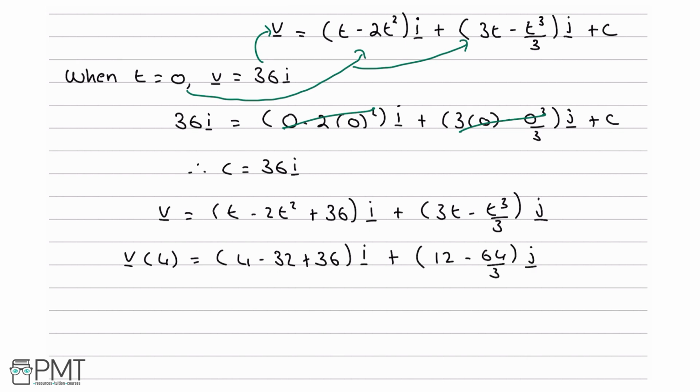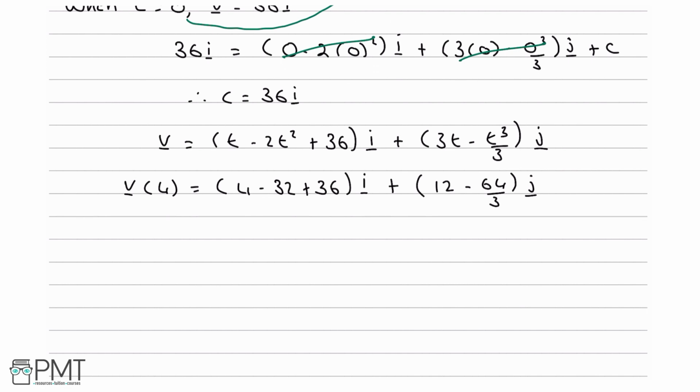And if you were to put this into your calculator, what you would end up with is 8i plus minus 28 over 3 j. One thing you shouldn't forget to do here is include your unit. So we're going to say meters per second, because that is the unit of velocity, so speed.